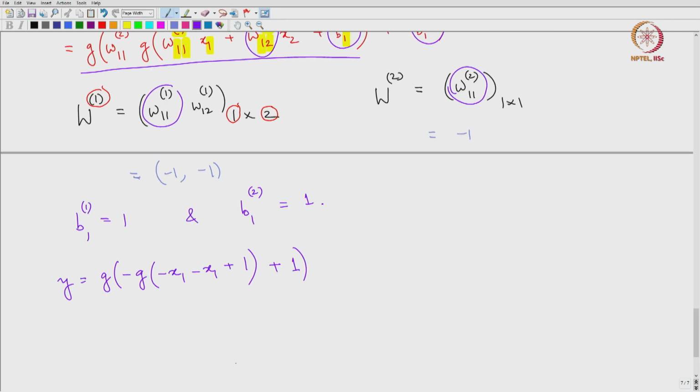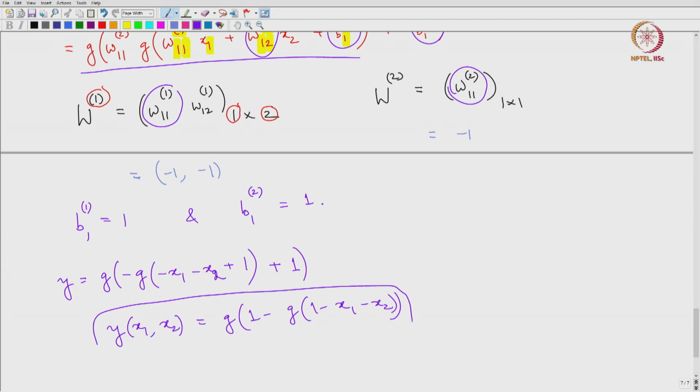So finally, we have been able to write y as a function of x1 and x2. The output is essentially g of 1 minus g of 1 minus x1 minus x2, okay.